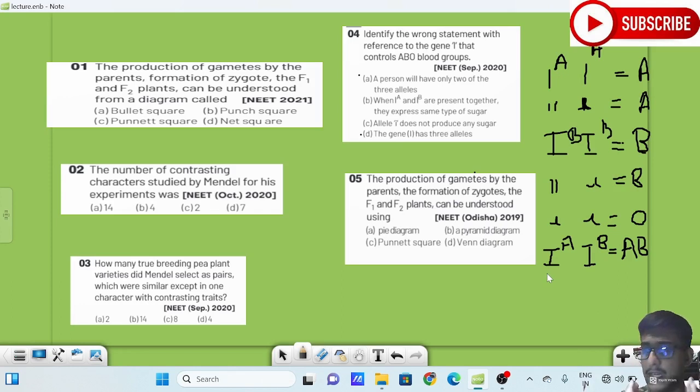I think you are getting an idea. If you have any doubt, you should ask me in the comment box. How does the dominant form or the recessive form make a change in the red blood cells so that it becomes A, B, AB, or O blood group?